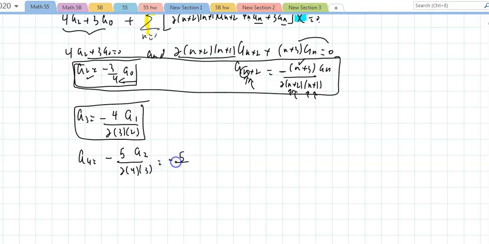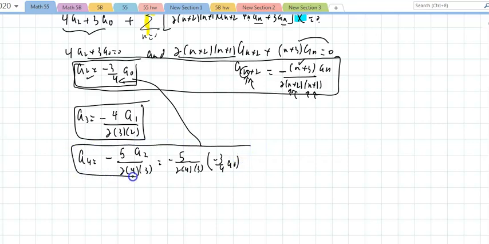But I know what that is. I know what a sub 2 is. A sub 2 is actually negative 3 over 4 a sub 0. Very good. I want to figure out what a sub 5 is. A sub 5, that means you're really embedding for this n a 3, that's how you get a 5.